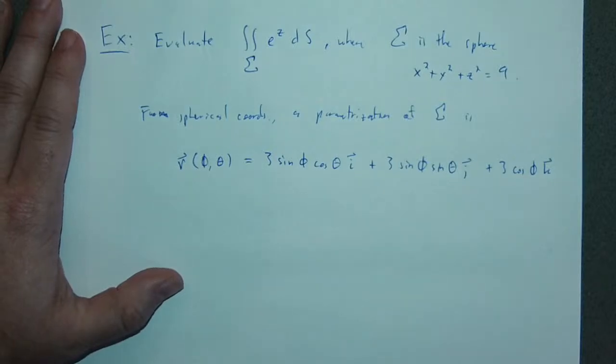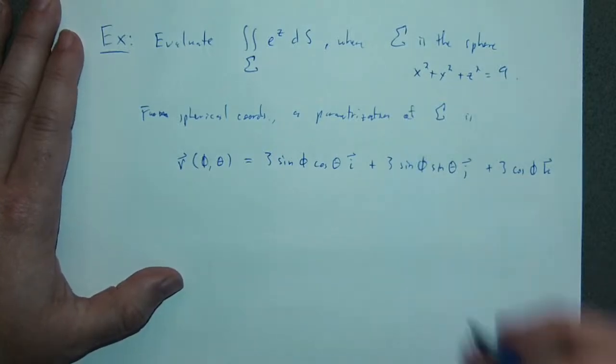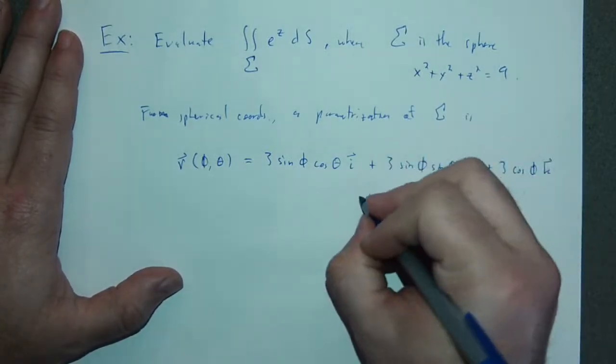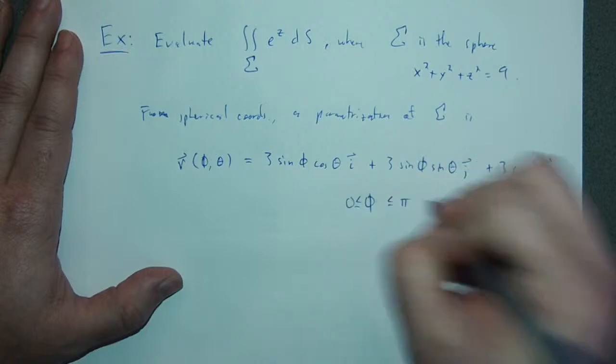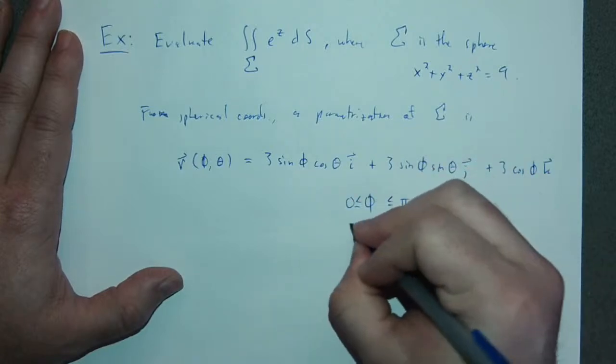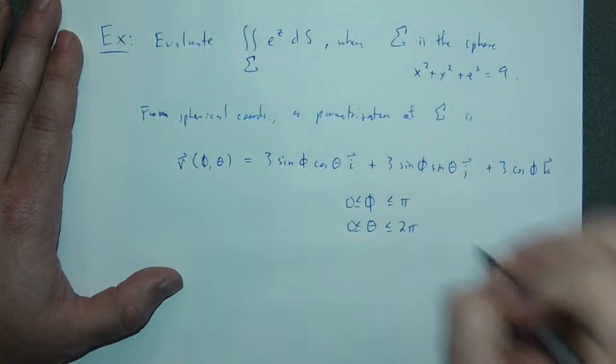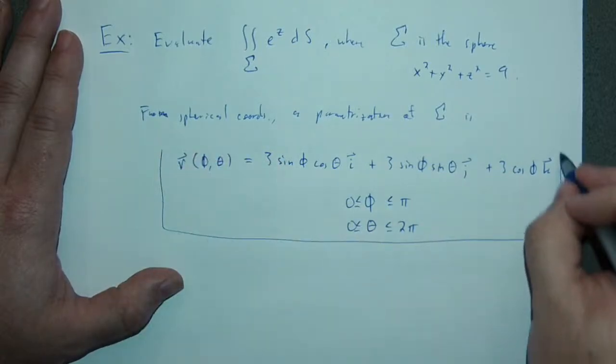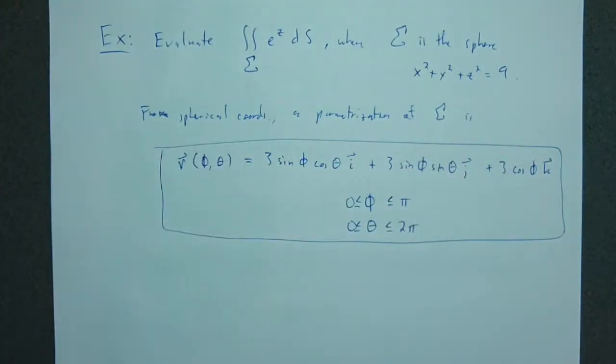And since it's the entire sphere, phi goes from 0 to pi, and theta goes from 0 to 2 pi. So there's my nice parameterization for my sphere of radius 3 centered at the origin.